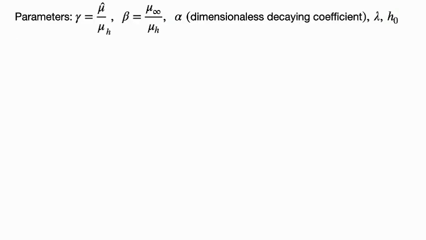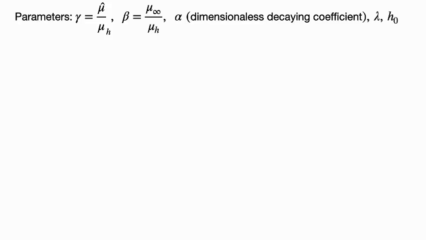Okay. Now we have some parameters I want to emphasize. First are the parameters gamma and beta. Gamma here is the modulus ratio of the film to the modulus at the top of the substrate, mu h. And second is the modulus ratio of the modulus at infinity, mu infinity, to the modulus of the substrate at the top.